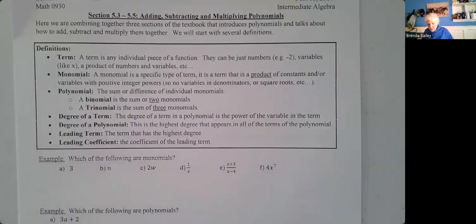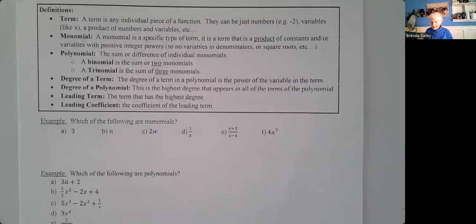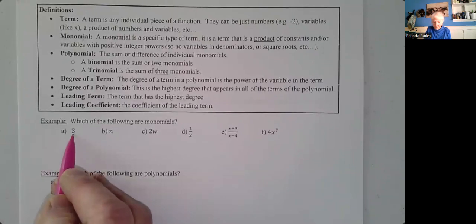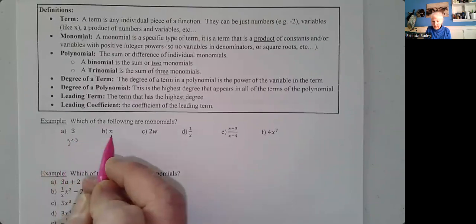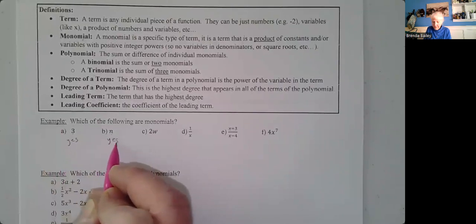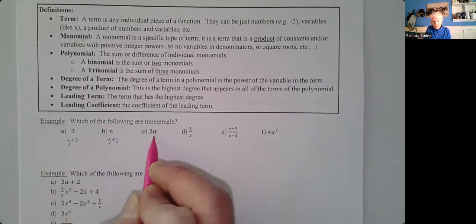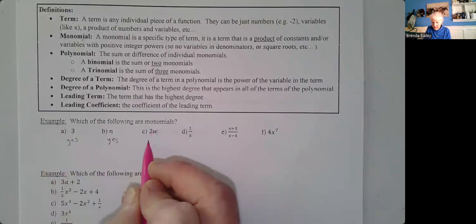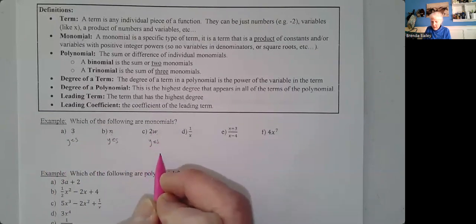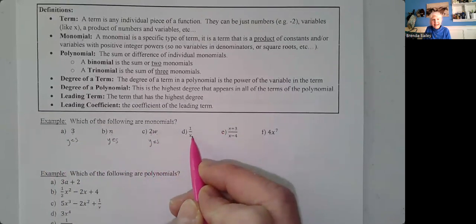All right, so first, which of the following are monomials? Okay, so a monomial can just be a number. So this is yes. A monomial can just be a variable. A monomial can be a multiplication of both, of 2 and a variable. Yes. A monomial cannot have a variable down here.